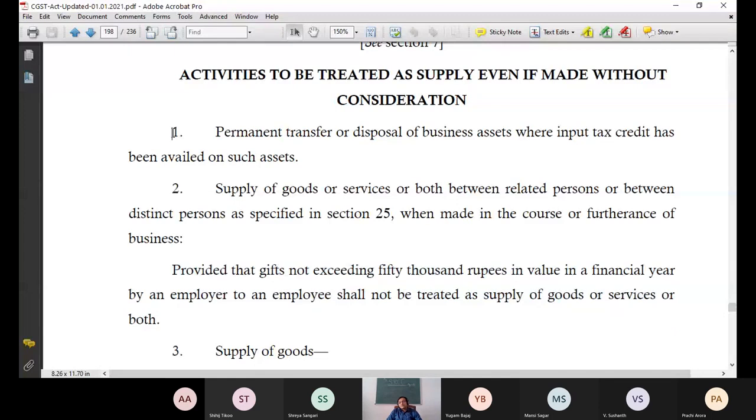So I hope you remember what the first point is: permanent transfer or disposal of business assets where ITC has been availed on such asset. Again, let me share the notepad and assume examples of this activity 1.